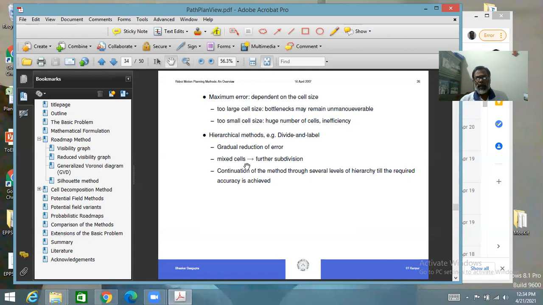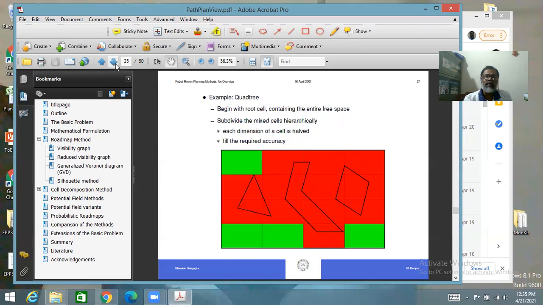On the other hand, mixed cells will get subdivided and produce filled and empty cells, and some mixed cells also, which are smaller. So how small you go will depend upon the local geometry. Let us see first an example.